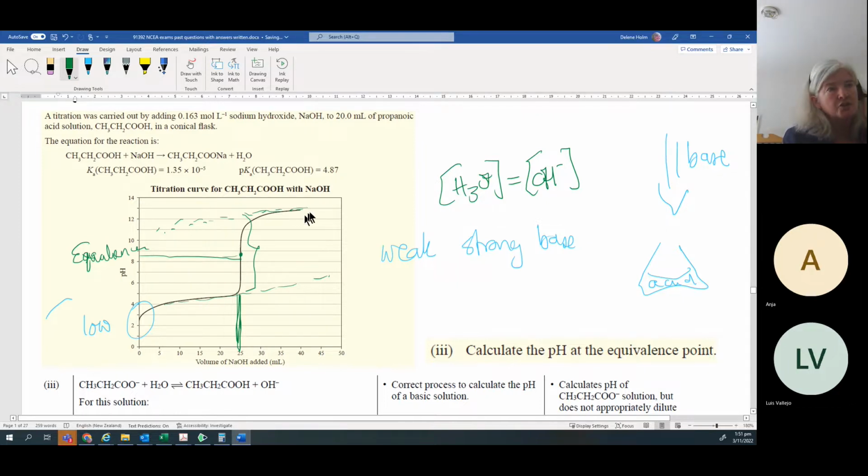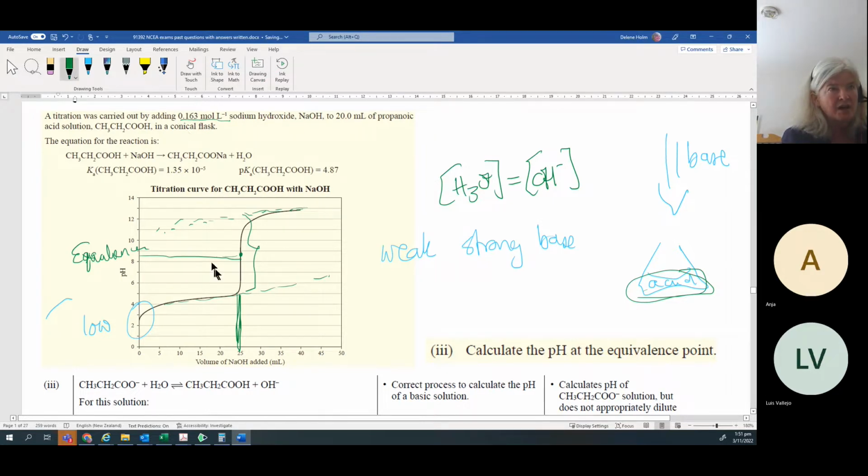Also know that you will never get this line going to exactly the pH of your sodium hydroxide. It will eventually go close enough if you added enough of it. That's simply because you've diluted it. Remember, when you dilute something, because I'm adding this to a solution over here, it of course changes the concentration.